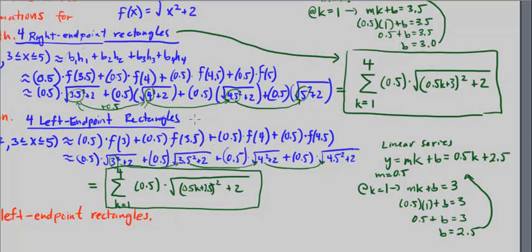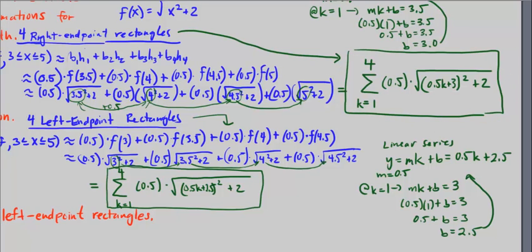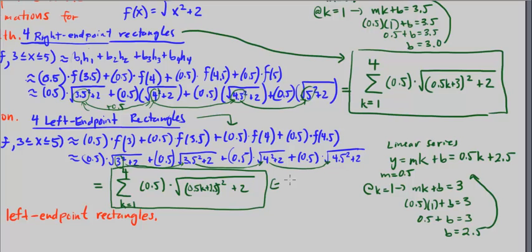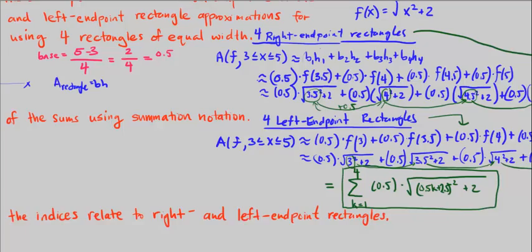So this is just the left, and up here, remember, was the right. Looking at these two, are they pretty different or are they similar? Actually, they are really similar. The only thing that's different is this value here. We have a 2.5 and here we have a 3.